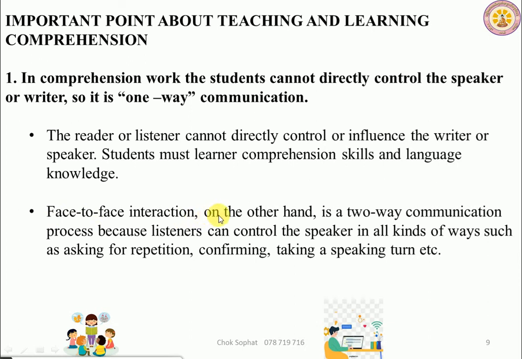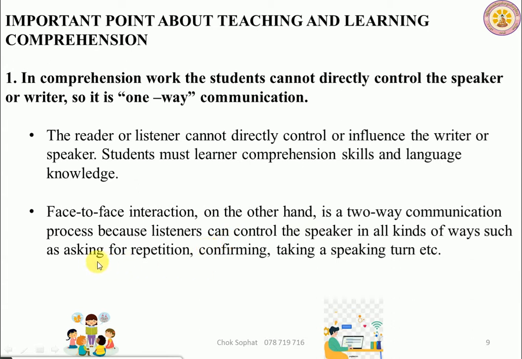Face-to-face interaction, on the other hand, is a two-way communication process because listeners can control the speaker in all kinds of ways, such as asking for repetition, confirming, and taking a speaking turn. For example, face-to-face we call two-way communication because the listener can control the speaker.